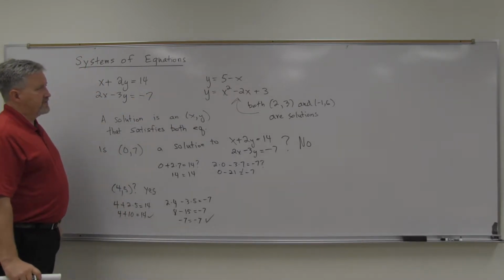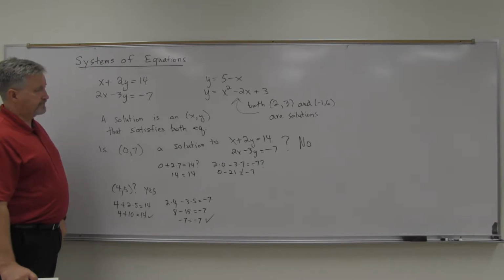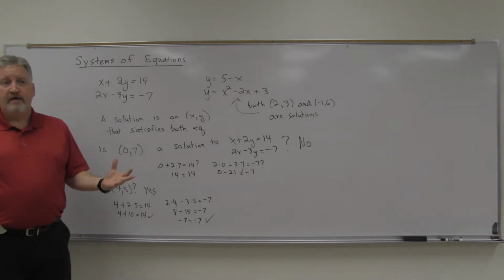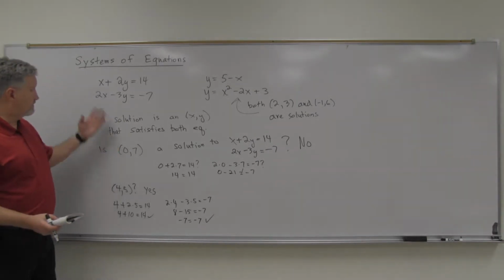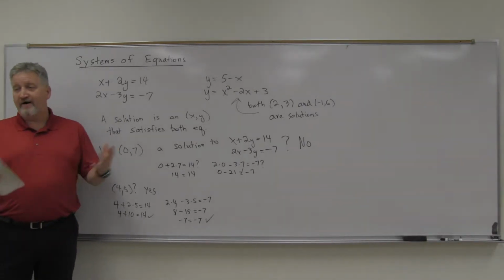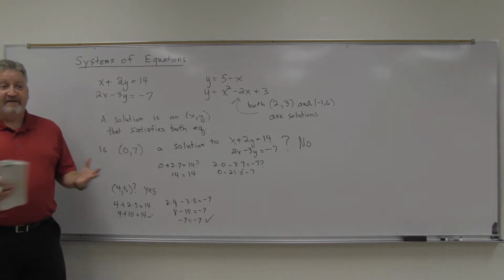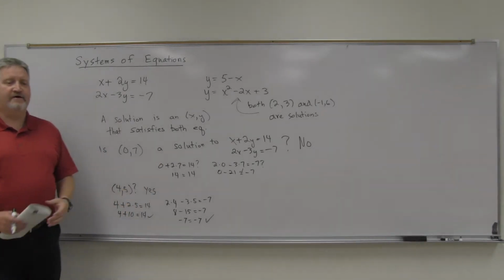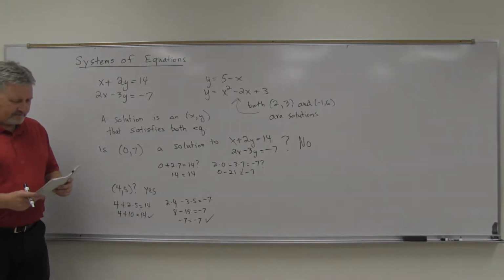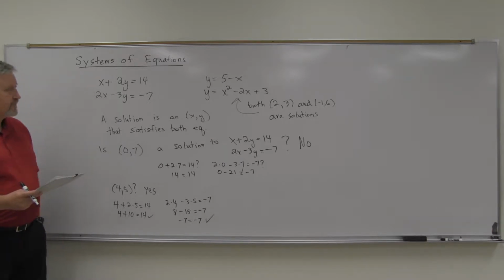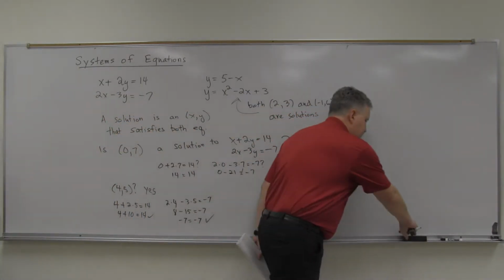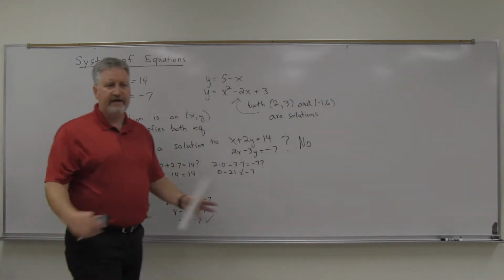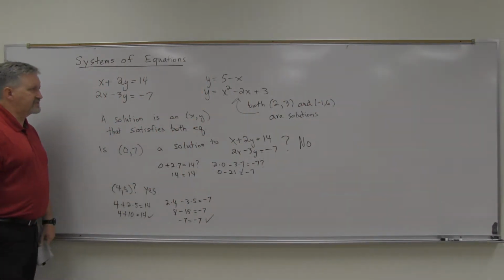If we plug them in there, check them, they both work. And so you can have more than one solution. We'll talk about why you might have more than one, or if there's just one, or if there's not any at all. We'll talk about that more here in just a second, but that's the idea. So a system is just two or more equations linked together as a group, as a set.